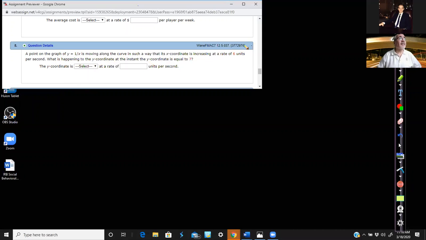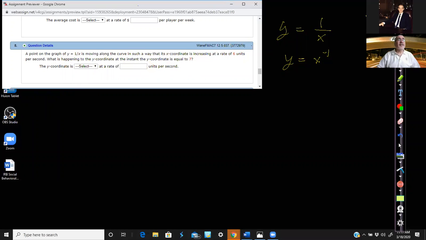We're given a graph y equals 1 over x. Since we're going to be taking derivatives, I'm going to rewrite this as y equals x to the minus 1. It just makes it easier to take the derivative. It's moving along a curve in such a way that its x-coordinate is increasing at the rate of 6 units.